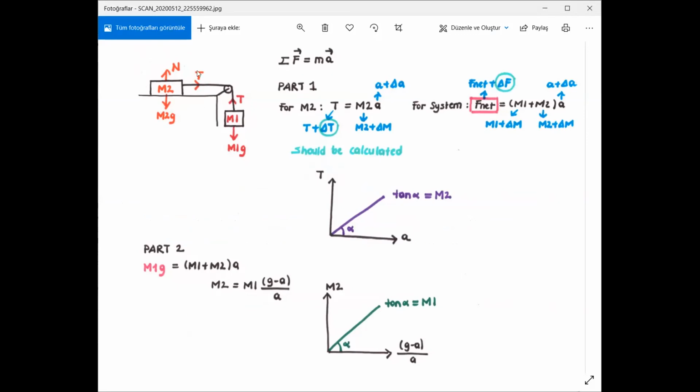The forces acting on the cart are gravitational force, normal force, and tension in the rope.